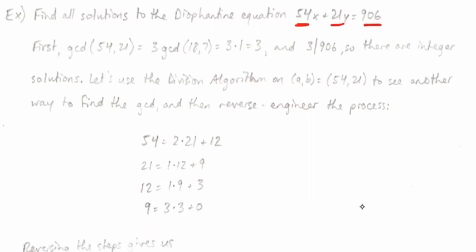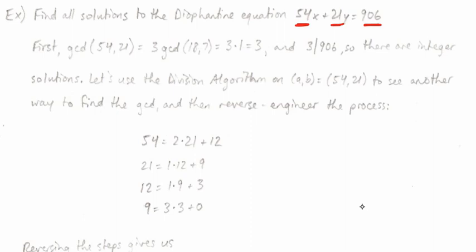So going through the Euclidean algorithm: from 54 you can get two 21s and have 12 left over. Once again, B becomes the new A, and R becomes the new B. You can get one 12 out of 21 and have 9 left over. You can then get one 9 out of 12 and have 3 left over, and then you can pull exactly three 3s out of 9, and you have 0 left over.